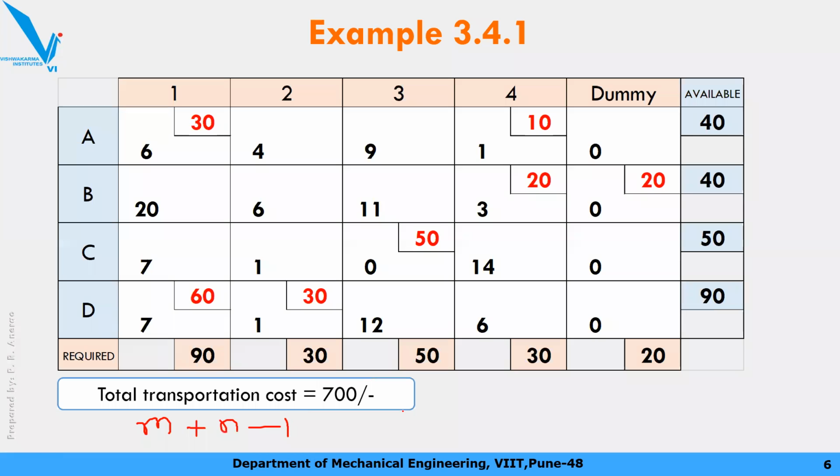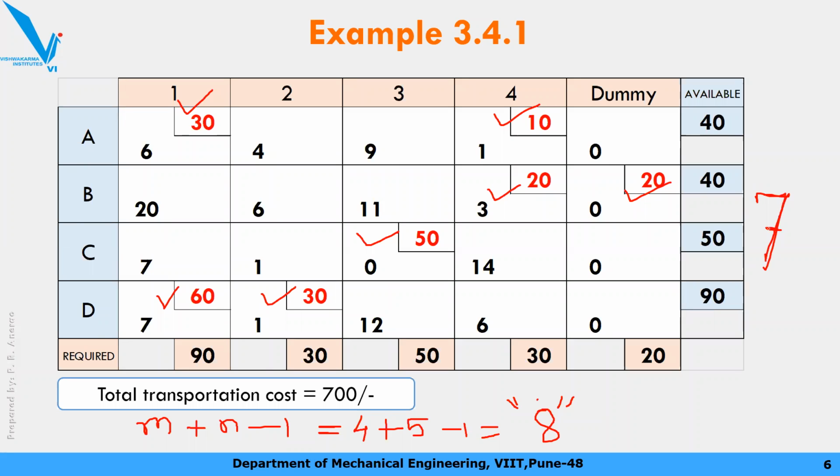Then and only then we will be able to implement the UV method or stepping stone method. m is the number of rows, n is the number of columns. So the number of allocations should be, see, number of rows are 4, number of columns are 5, minus 1, that is 8. If we have 8 allocations, then we can implement the optimization process. But if you count the number of allocations in the present initial basic feasible solution, they are equal to 7.